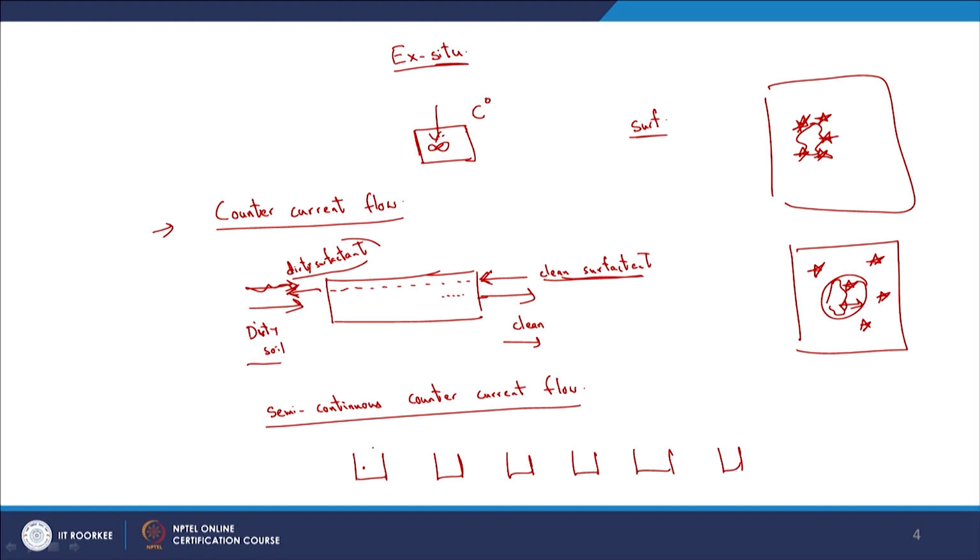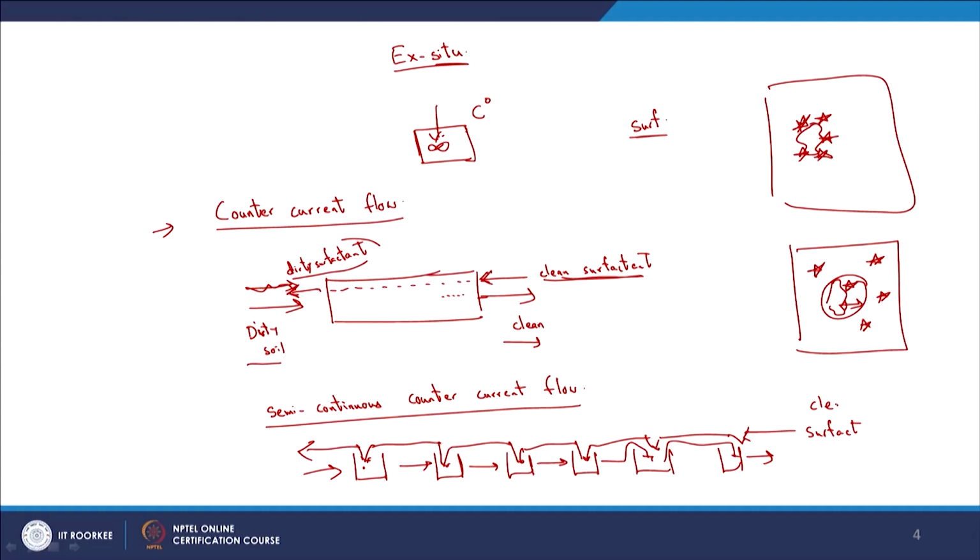Let us say the contaminant is in this direction, or you can keep the contaminant in the same container, and you will have the surfactant flowing through in this way. And this is what is done typically though, right. So, the surfactant, and the soil comes out.